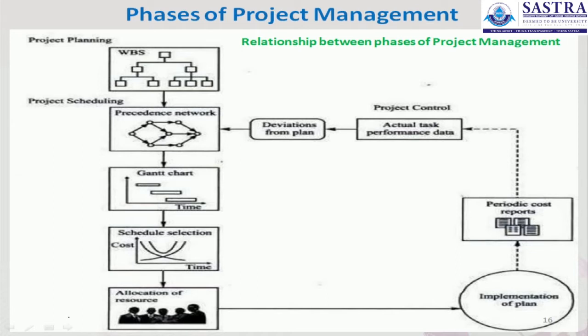Finally, we have to deviate from the plan. If the cost is high or the time is high, we have to reallocate the resources, draw a new network, and deviate from the first plan to the second plan. This is what happens in these phases of project management.